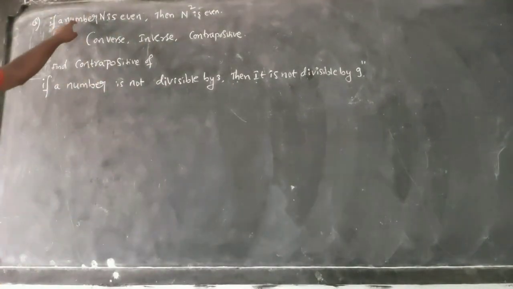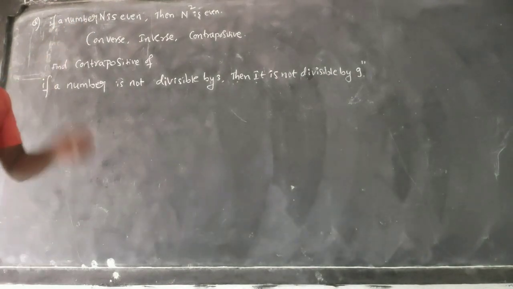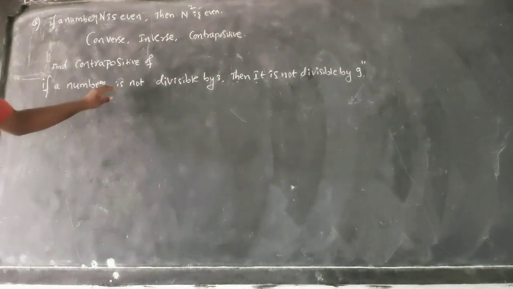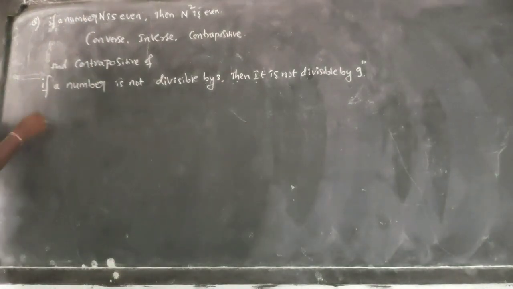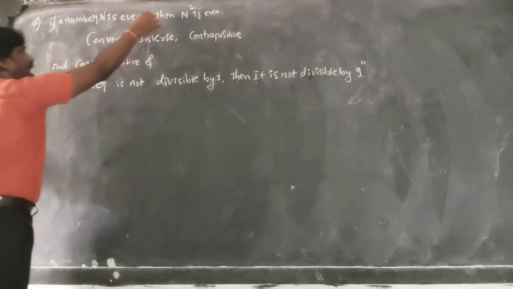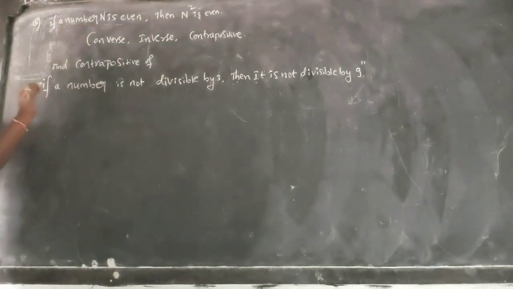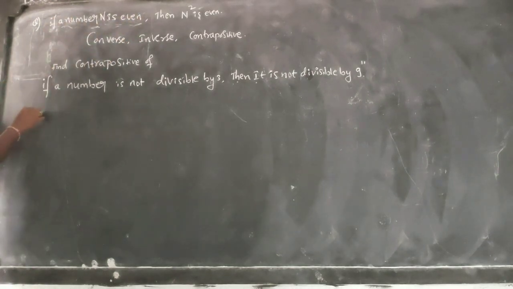You can see another one also: if a number n is even, then n square is even. I will pick up this one. Whatever is there between if and then is one statement. So what is the P statement?